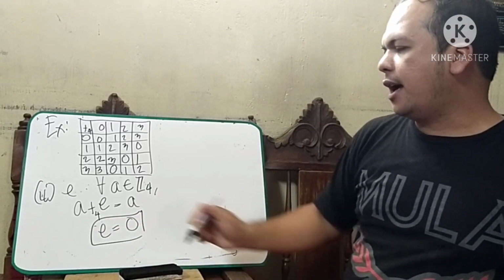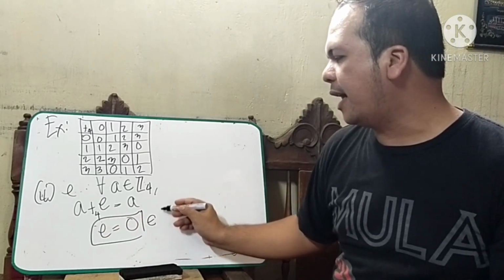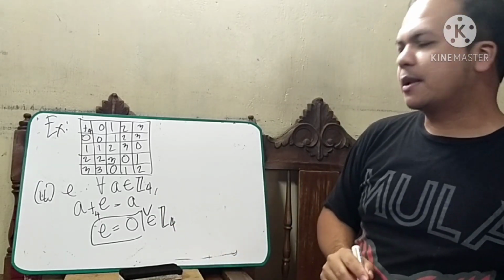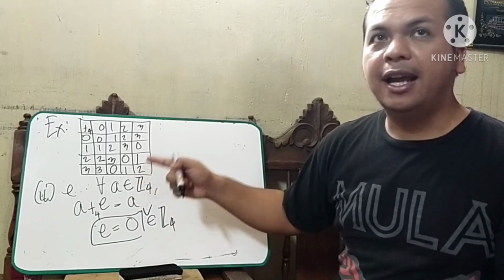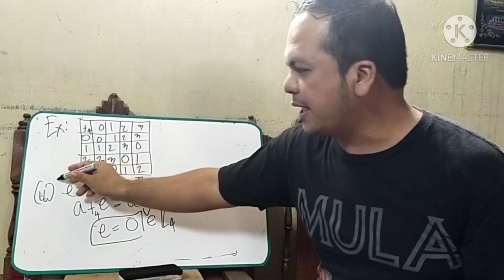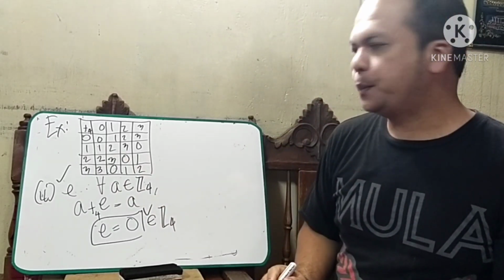Right? So, yung 0 ba element ng Z sub 4? Okay, yes. So, ibig sabihin, nag-exist yung identity element sa Z sub 4. So, the second property is satisfied.